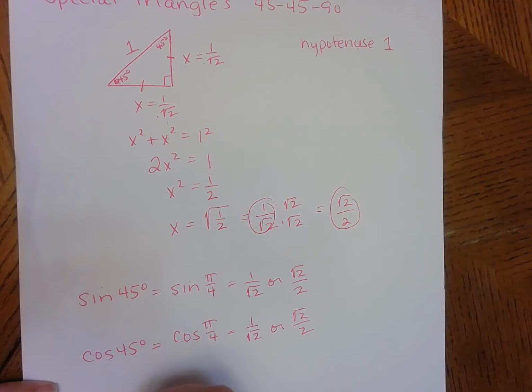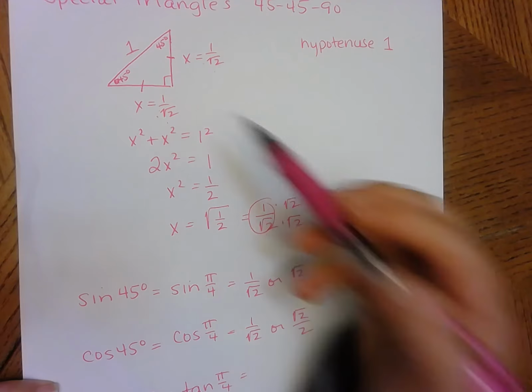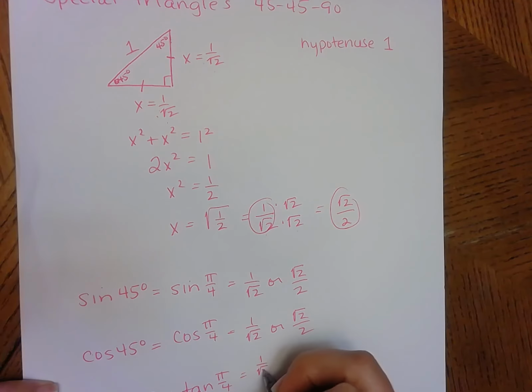Tangent of 45 degrees, which is also the tangent of pi over 4, is 1 over the square root of 2 opposite over 1 over the square root of 2, which happens to be 1.